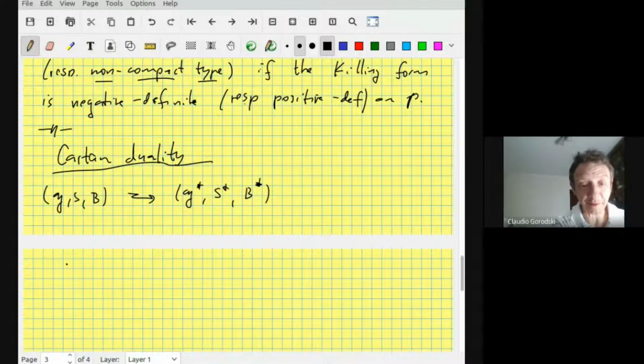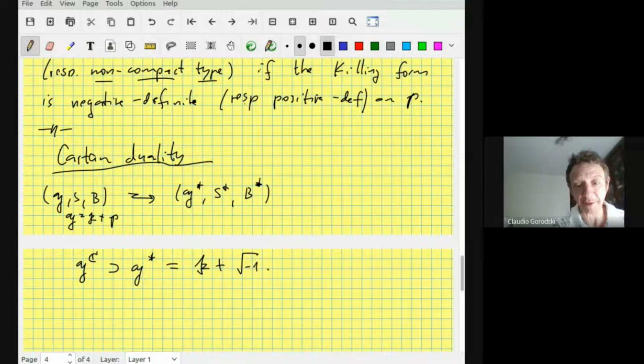What we do, we complexify G, and then G star is going to be, so if here we have G written as K plus P, G star is going to be K plus square root of minus 1 P.